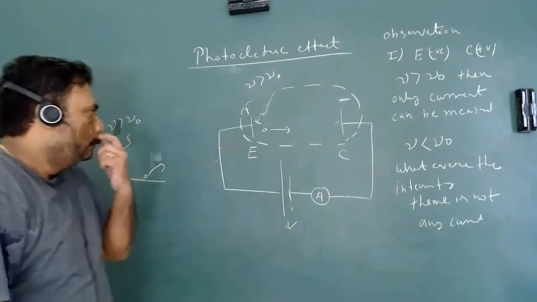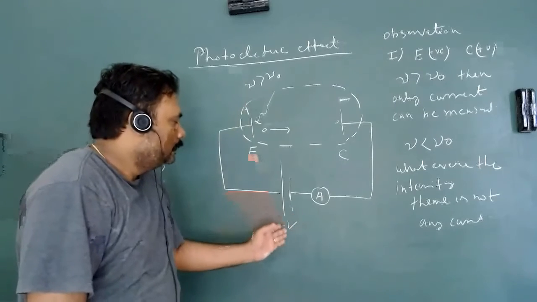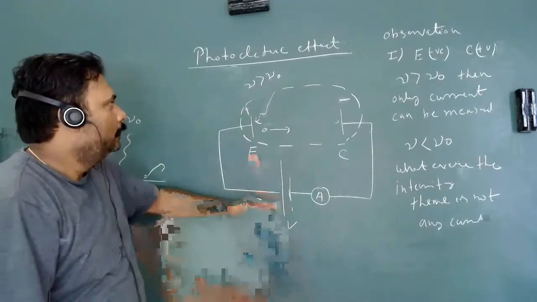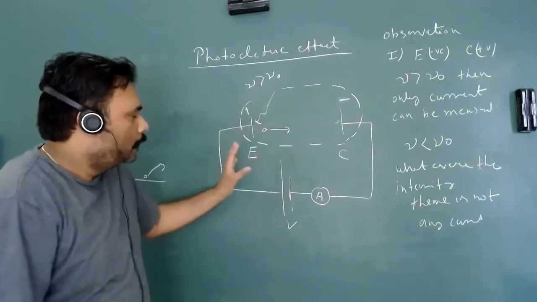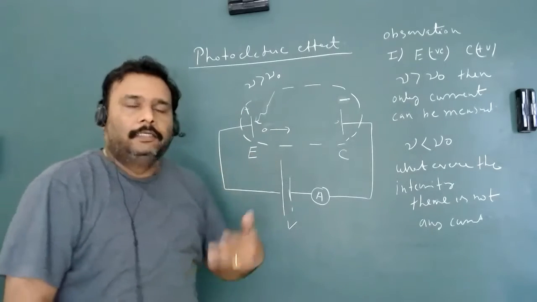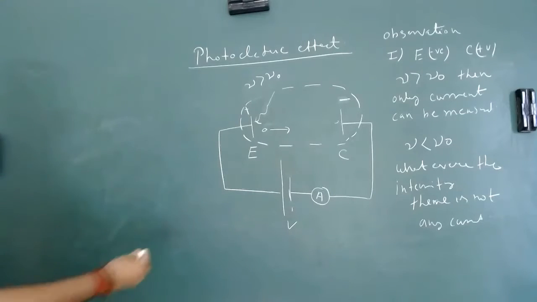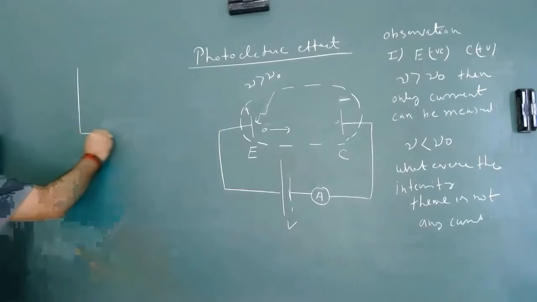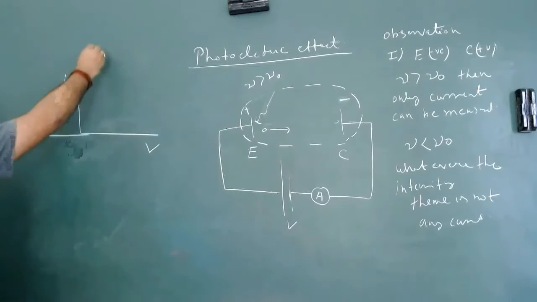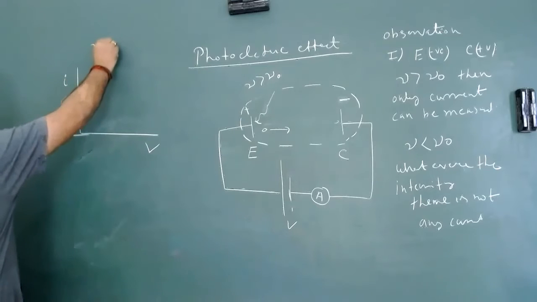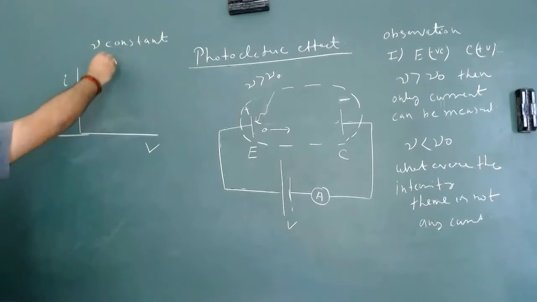So we try to plot frequency versus this potential for a given intensity, and we also try to plot the IV curve at two different levels. The first IV curve is I versus V, where I is the current and V is the potential, and first we take the frequency constant but the intensity varies.